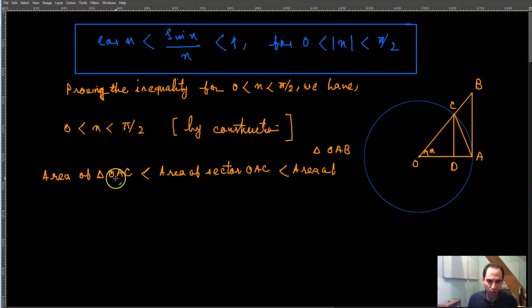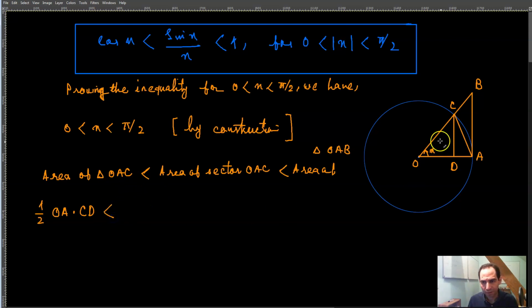Now the area of triangle OAC, this little triangle here, is equal to 1/2 of the base times the height. The height is CD and the base is OA. So that is 1/2 of OA times CD.